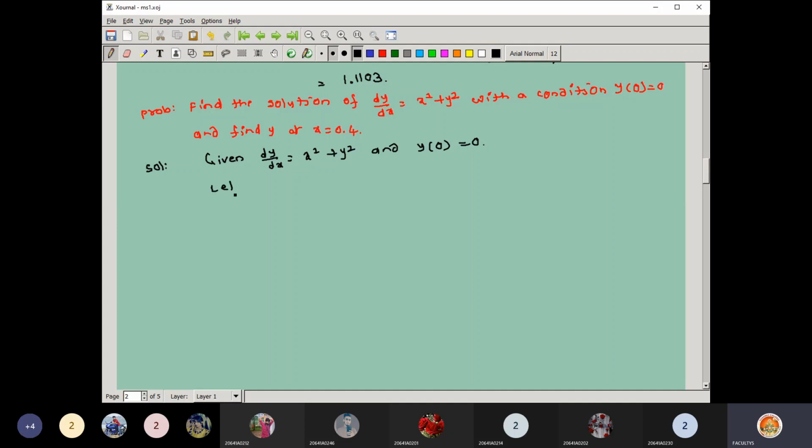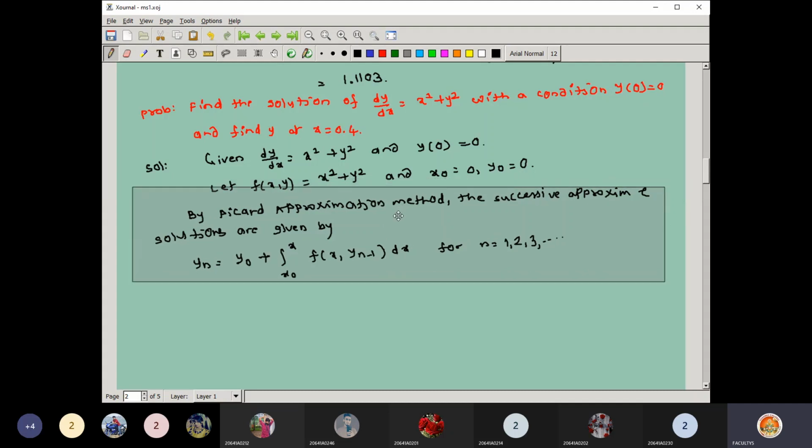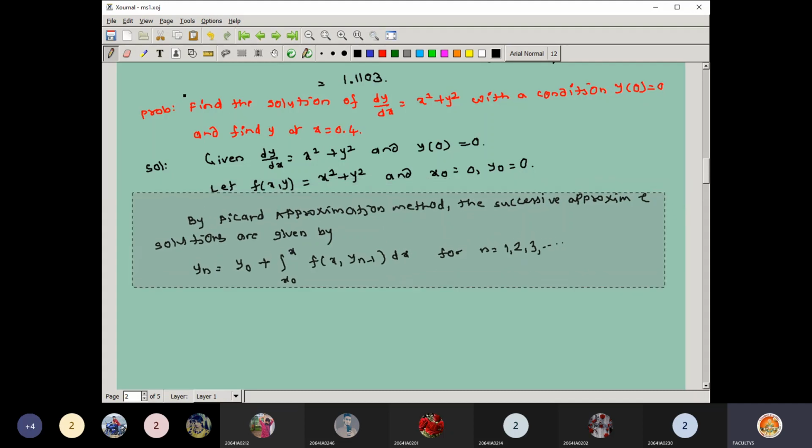Now I am introducing the function f of x comma y, which is the right side of dy by dx, x square plus y square, and with the help of the condition, the bracket value is x naught and the right side value is y naught. Once you get that value, I am entering into Picard's approximation method formula.